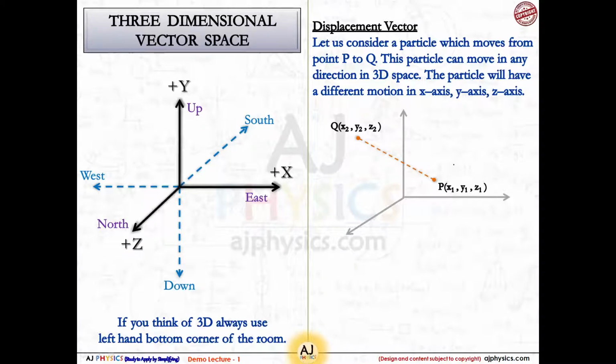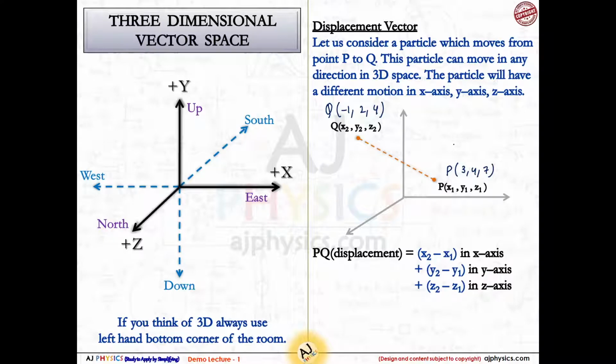So let's take 2 points, like the first point P will be 3, 4, 7, and let's take the other as -1, 2, and 4. The displacement will always be from initial to final, and we always have to subtract the final points minus the initial points. So it will be -1, -3. This is the final point and this is the initial point.